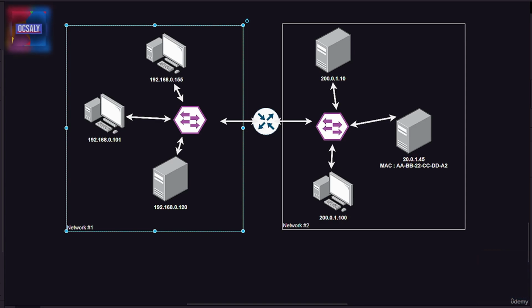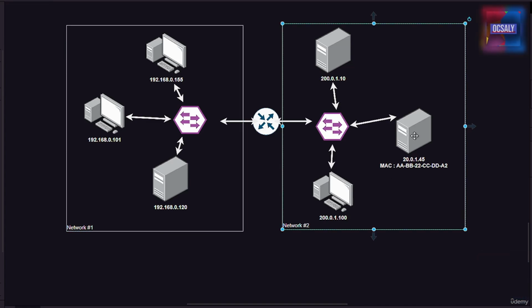Then, as step 2, the network stack needs to send an Ethernet frame. But because the destination IP address does not exist on any Ethernet network that the node is connected to, the network stack consults an operating system routing table. In this example, the routing table contains an entry for the IP address 20.0.1.45.